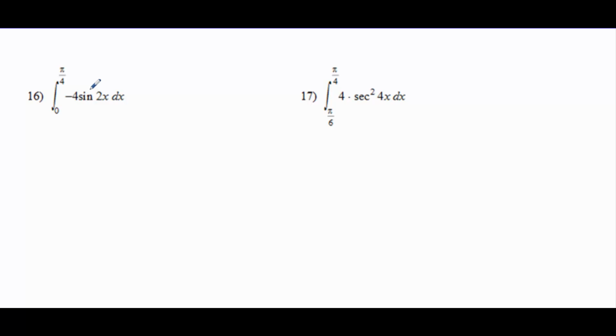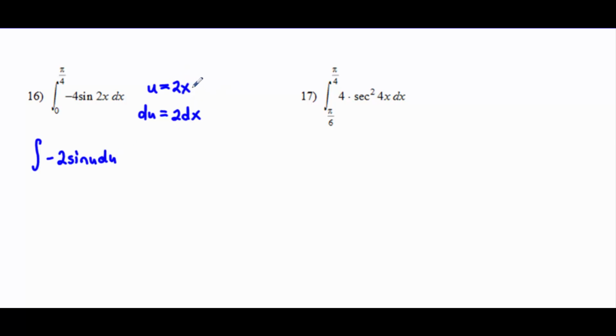If I want to use u substitution here, u is going to equal the 2x inside of my trig function. du is going to equal the derivative of 2x, which is 2. So I'm going to do negative 4 divided by 2 and get negative 2 sine u du.